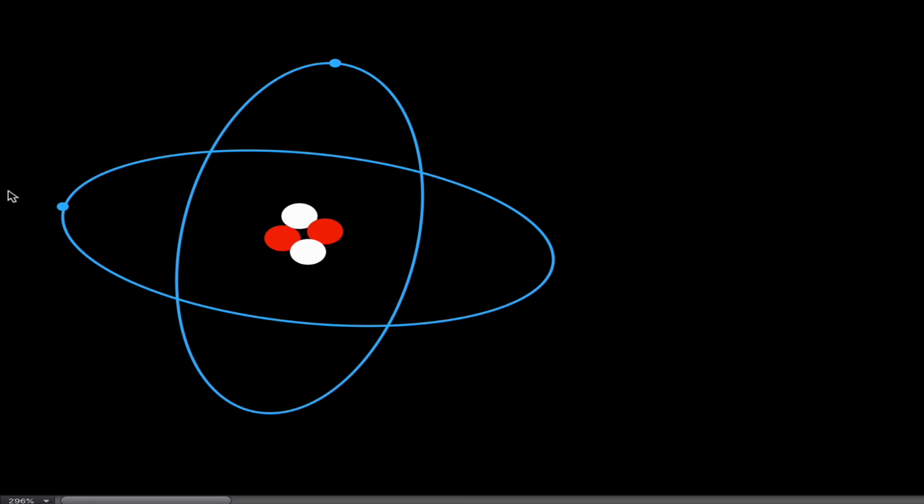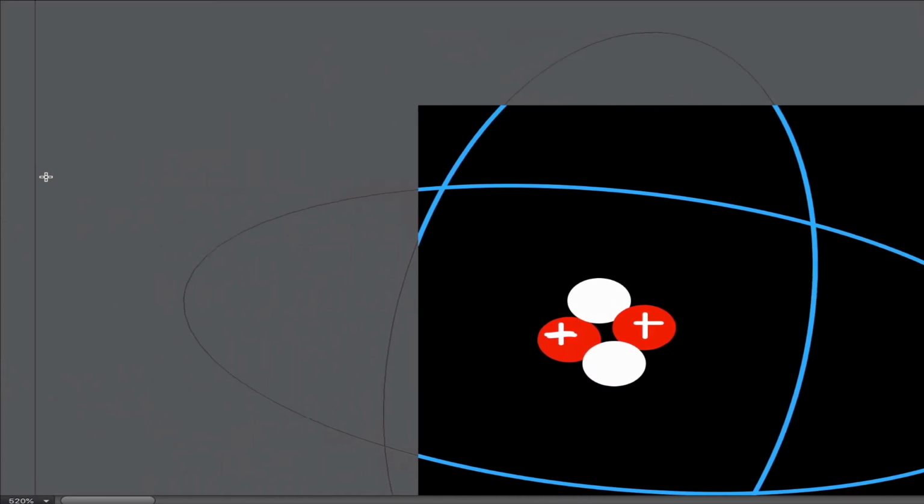Okay, so this is a helium atom, and we know that protons have a positive charge, and electrons, let's just zoom in on this electron right here.